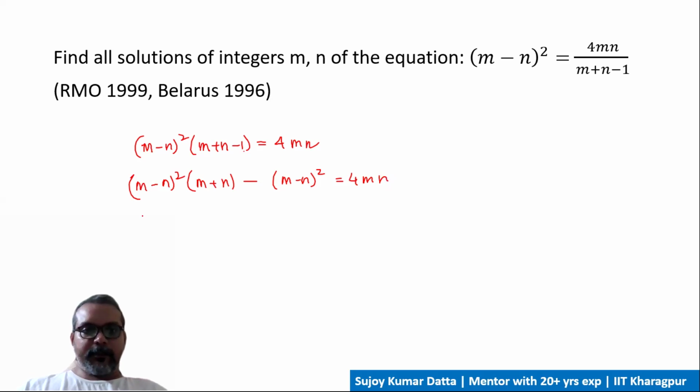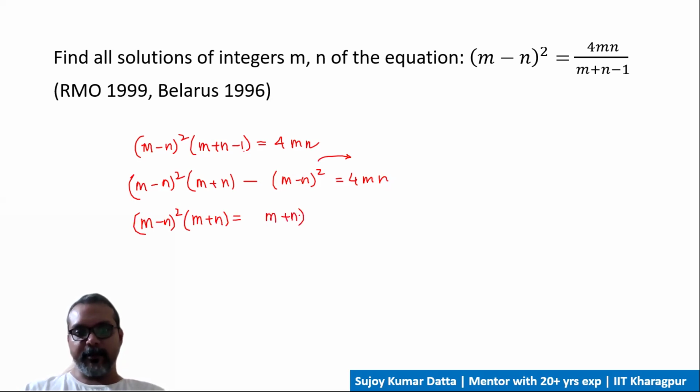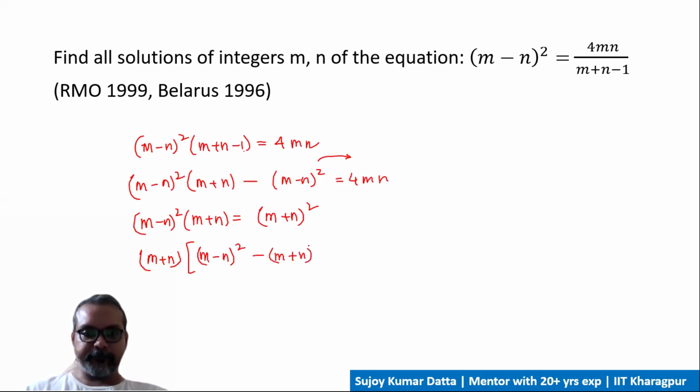All right. Now this becomes, this goes that side. So it becomes m minus n squared plus 4mn, which is m plus n whole squared. So if I take out m plus n as a factor common, this side will have m minus n squared and this side will have m plus n. If I take this to that side, this side will have 0.